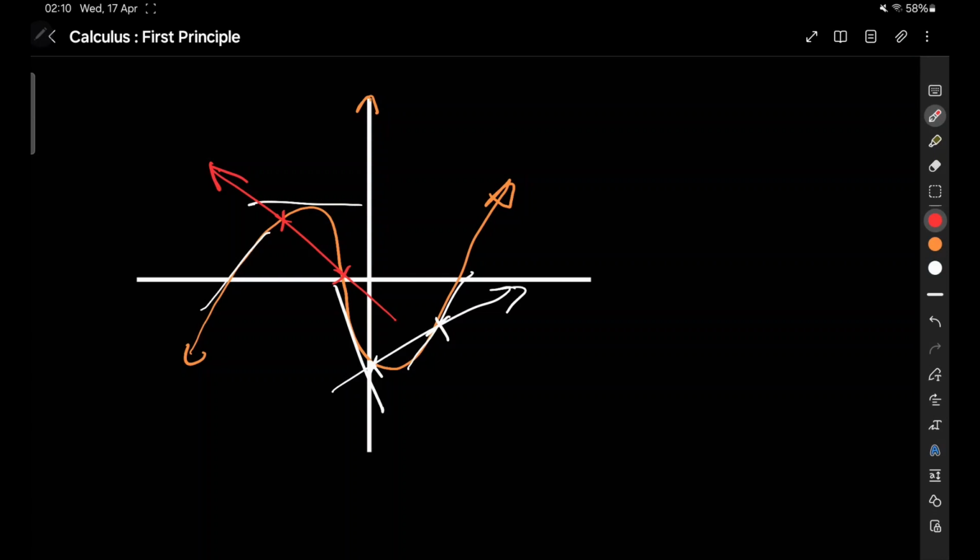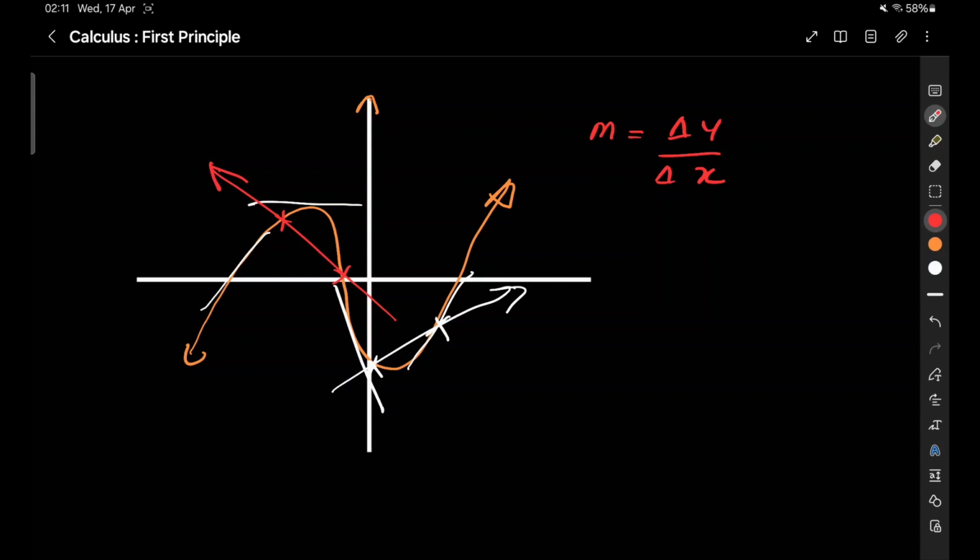Remember, when we're calculating gradient, we're looking at a change in y over change in x. As I've already mentioned, in order for us to calculate the gradient, we're going to need 2 points. So what calculus essentially does is allow us to calculate a gradient at a point.